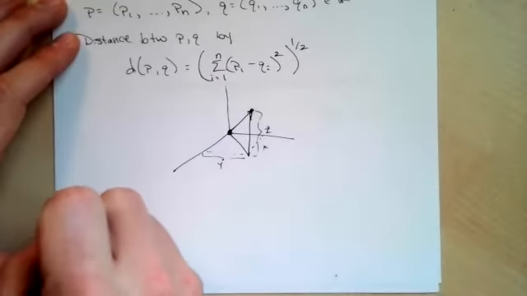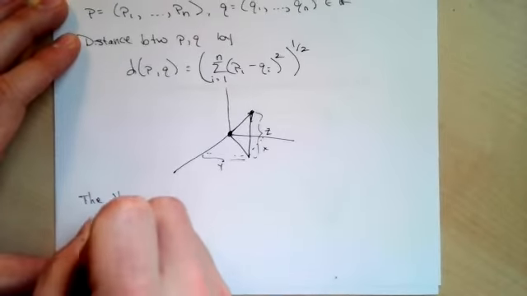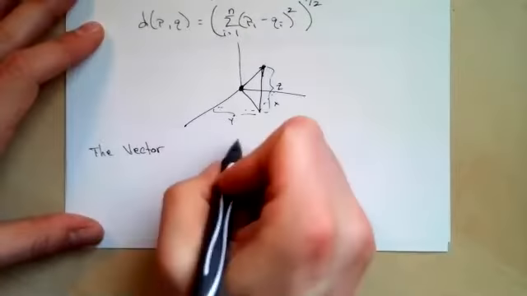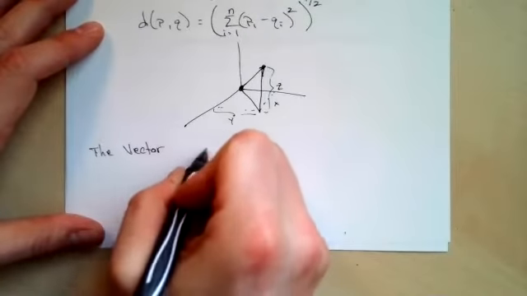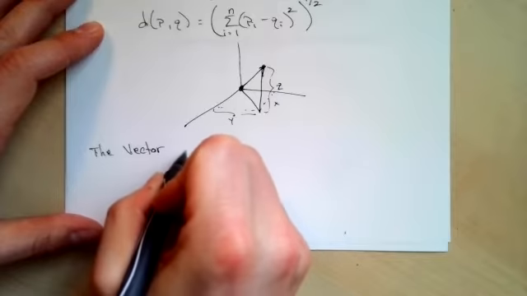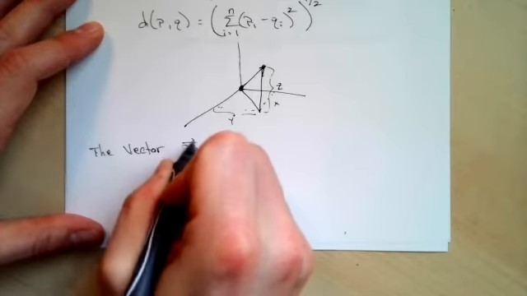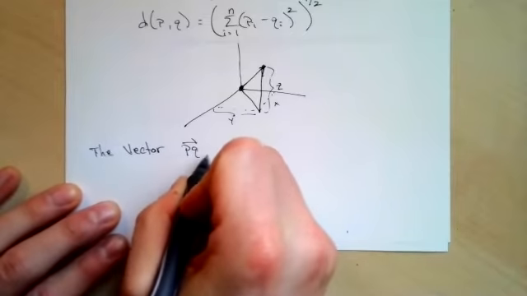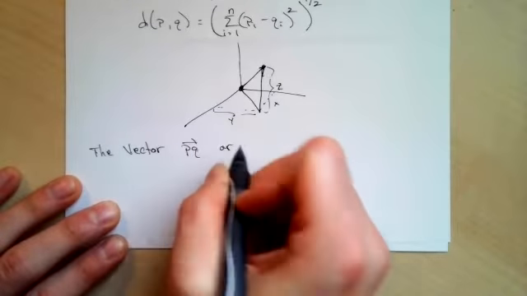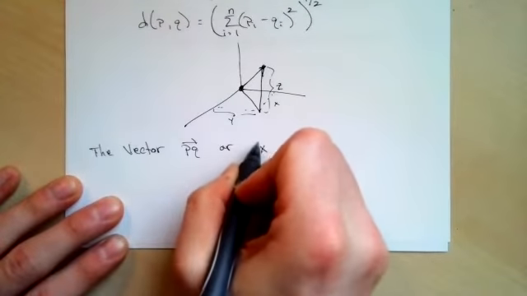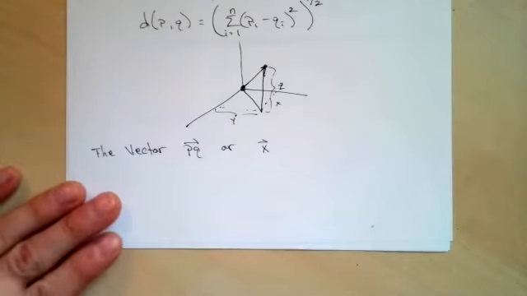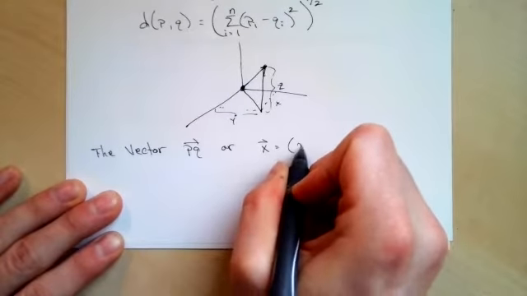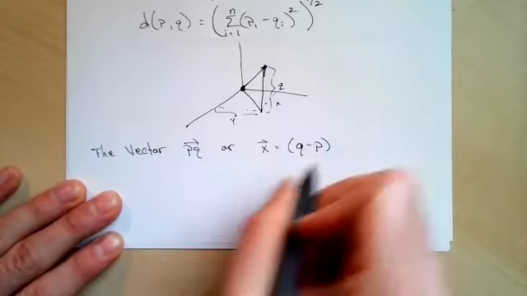The vector, we often denote it either as PQ, or we often define, say, a vector v or a vector x as the difference between the 2 points, q minus p or p minus q.